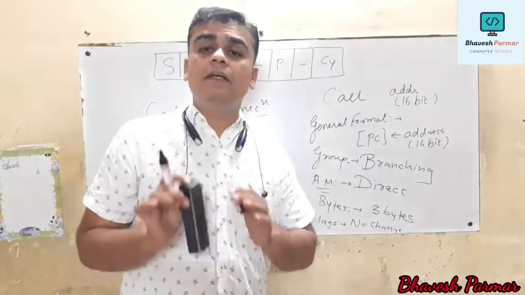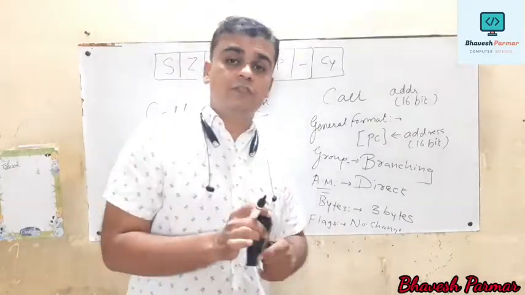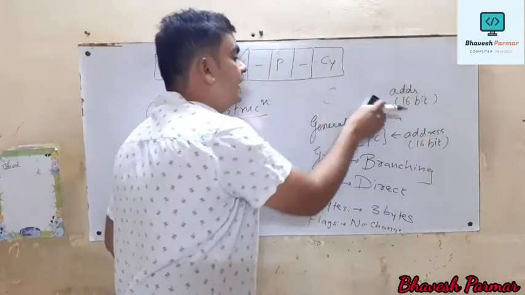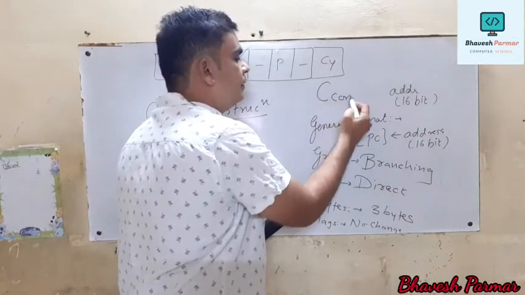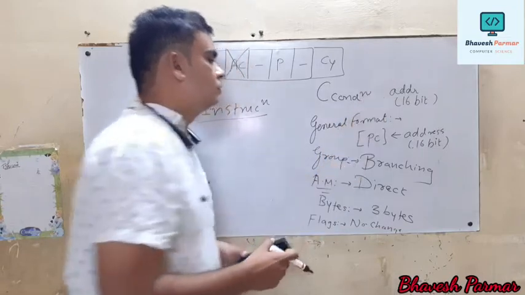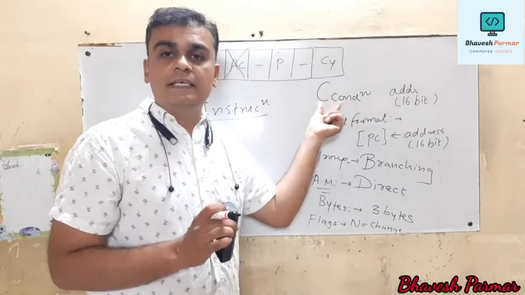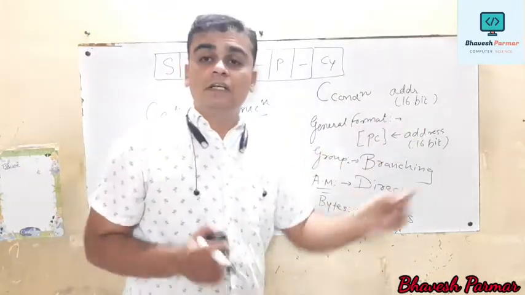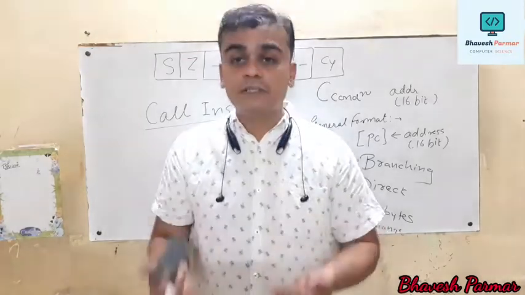Now similarly, like the conditional jump instruction, a conditional call instruction is also there. So how to represent that? It is represented by capital C, and then you write down the condition. So first of all you write capital C, then the condition, and then the address. Now guys, what question arises in our mind? How many conditions are there?